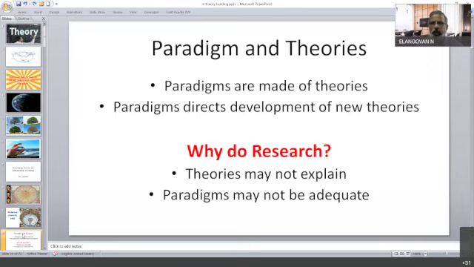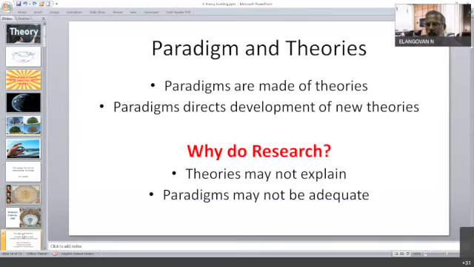So how does a paradigm look? Paradigm is made up of theories, and paradigm is full of theories. And as I told you, paradigm is a lens with which we look. Therefore, paradigm directs the development of new theories.